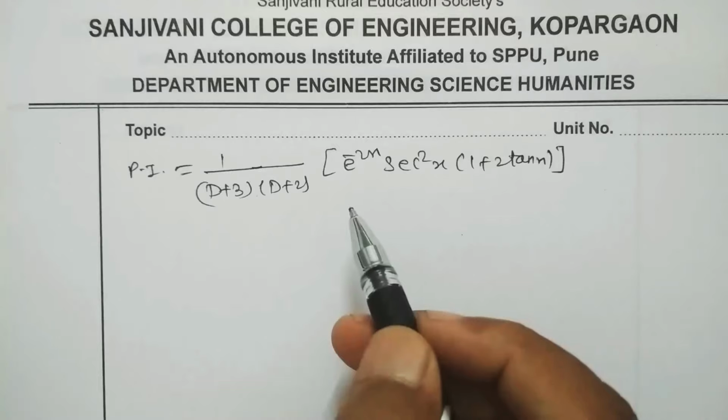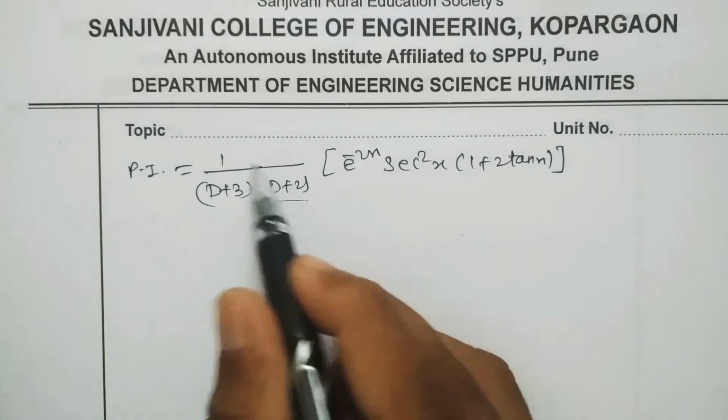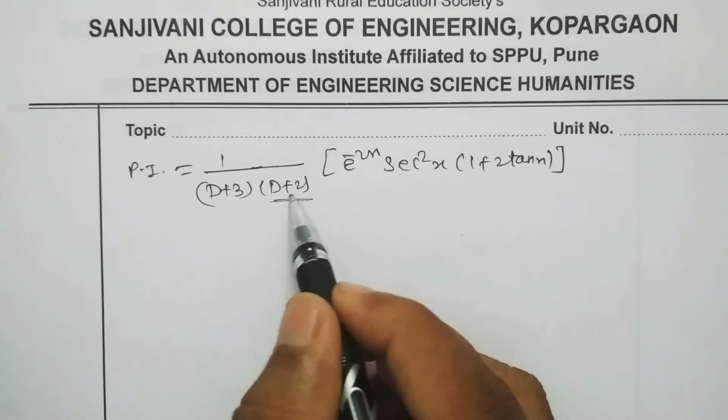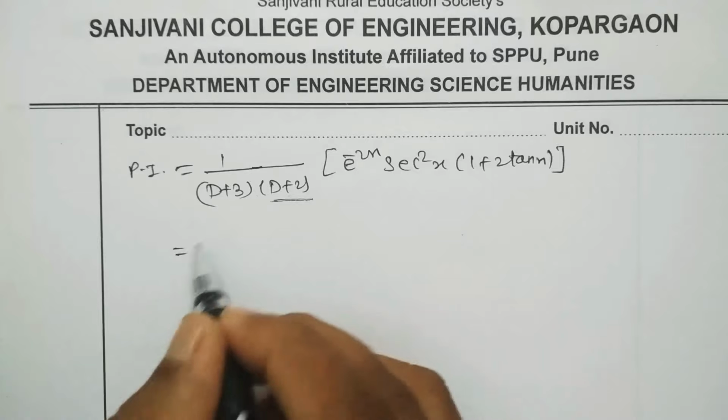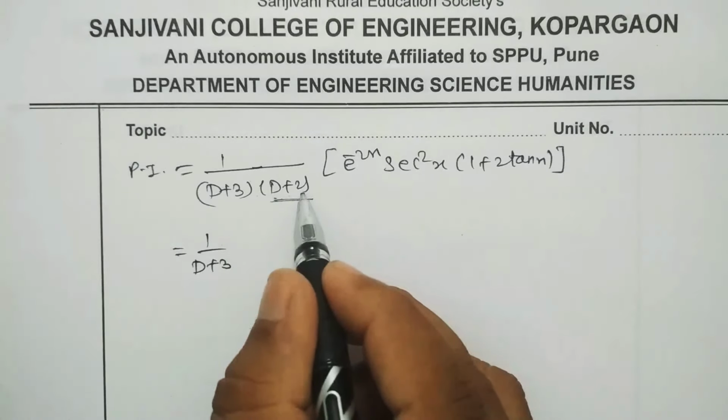Now we apply these factors one by one using the general method. So first we apply the 1/(D + 2) factor. So the value of m is 2 and the middle sign is plus.